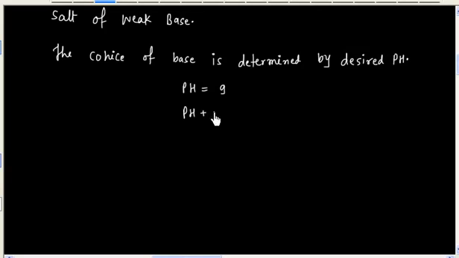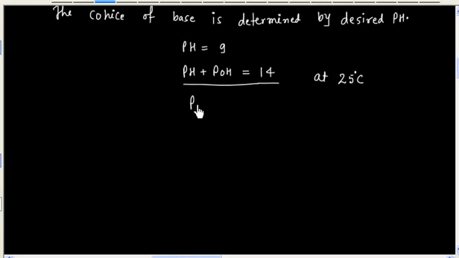We can also calculate pOH because pH plus pOH is 14 at 25 degrees centigrade. So pOH is 14 minus pH, and pH is 9, so pOH is 5. So pOH is given.